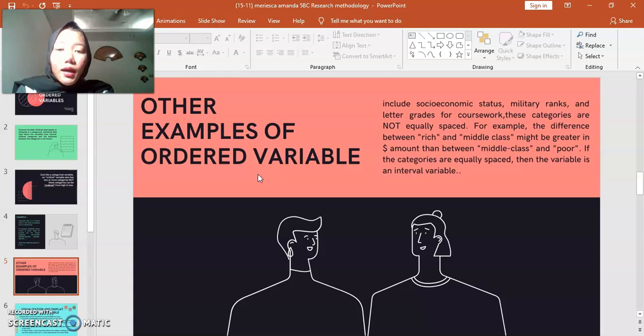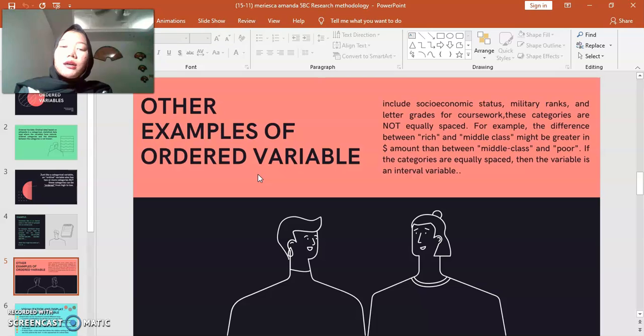This also can be ordered. In addition to being able to classify the categories of socioeconomic status and so on, we can order the categories as low, medium, and high.